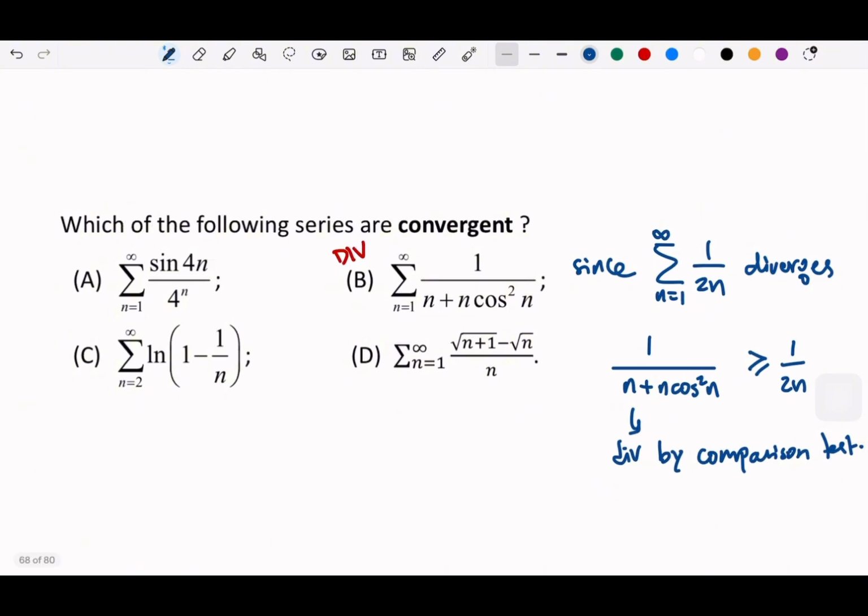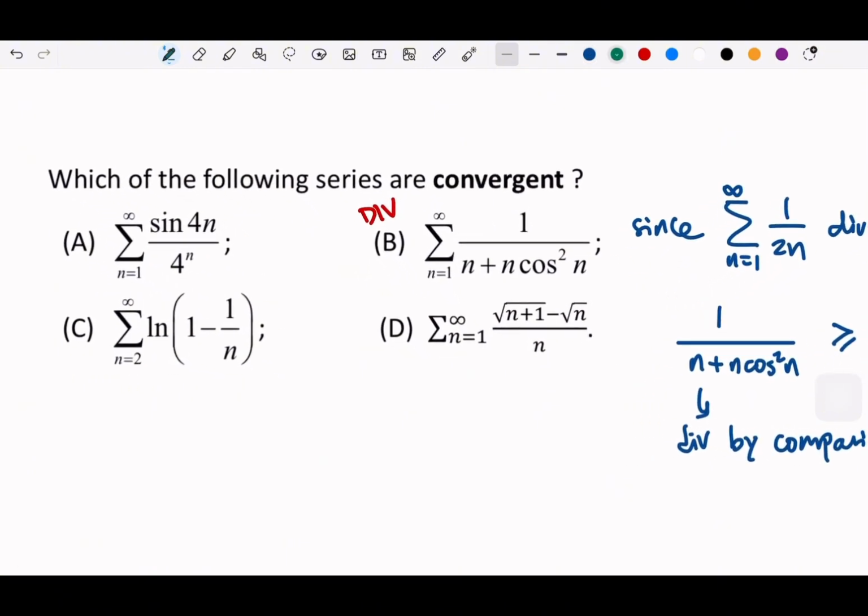And similarly, we can take number A. For number A, we could imagine 1/4 to the power of n, which we can relate to the geometric series, right? The ratio is 1/4, which is less than 1.